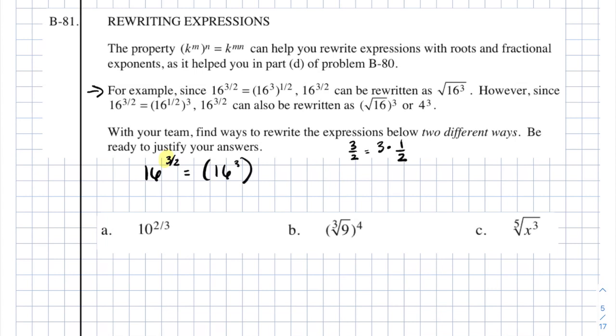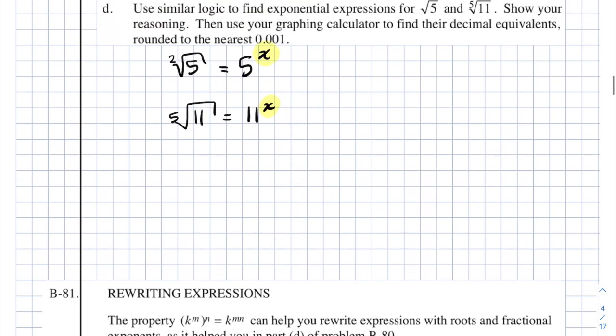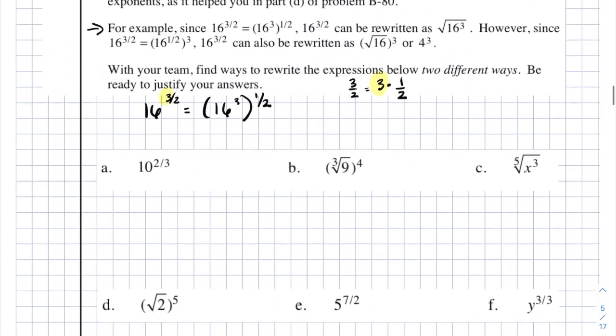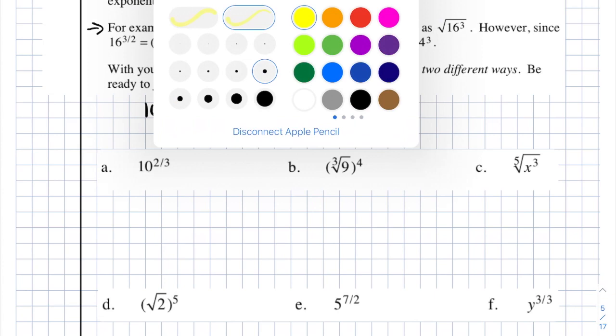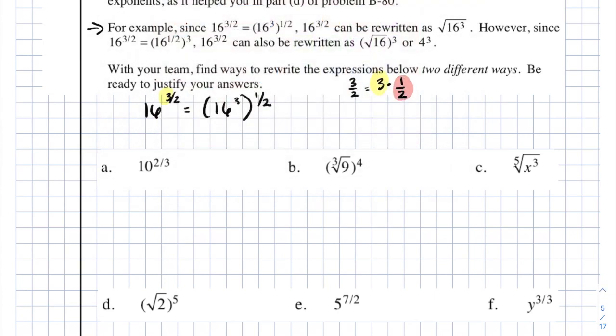We've already used this 3, so we're going to leave our 1/2. Now, if we go back to this problem, we know that this can be rewritten as 5 to the power of 1 over 2. So this is where this 1/2 comes from.